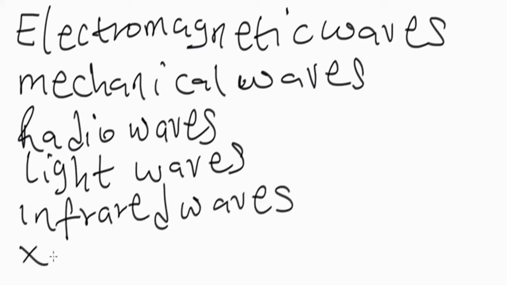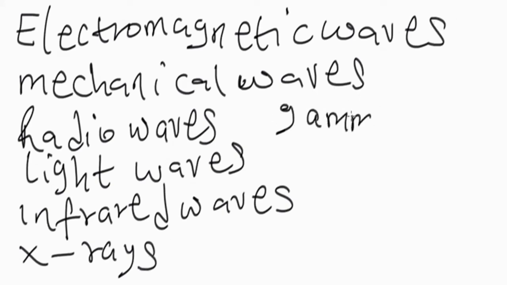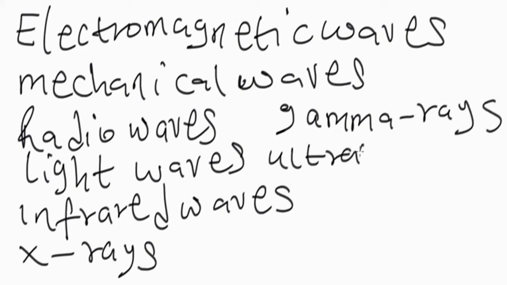Alright, we have X rays, gamma rays, we also have ultraviolet rays from the sun. Okay, so these are common examples of electromagnetic waves.